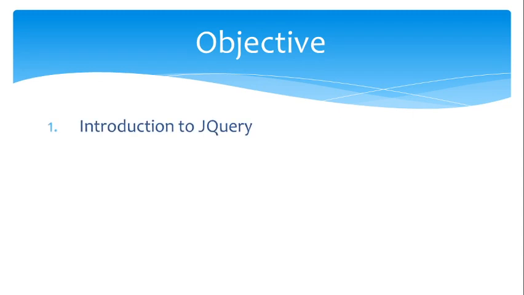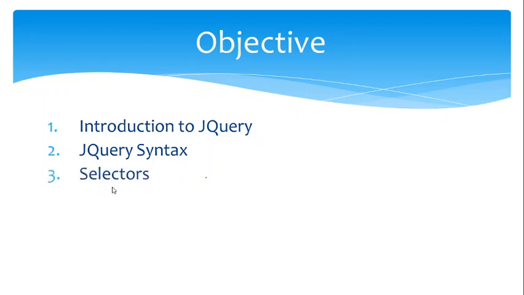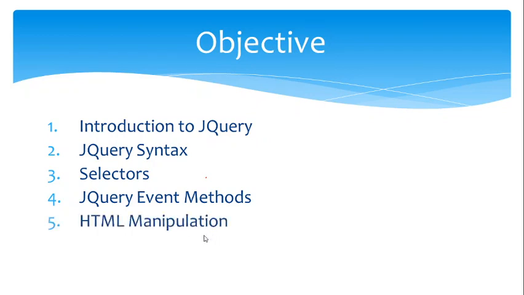Here, the main objective of jQuery has 6 points. The first one is introduction to jQuery, the second is jQuery syntax, next is selectors, and next is jQuery event methods, how you can apply events. The fifth is HTML manipulation, whatever HTML code is there, you can manipulate it with the help of jQuery.